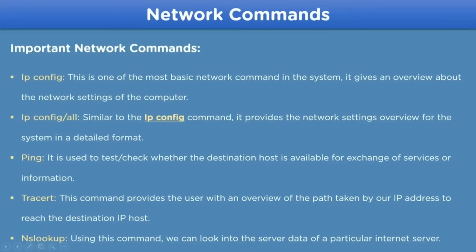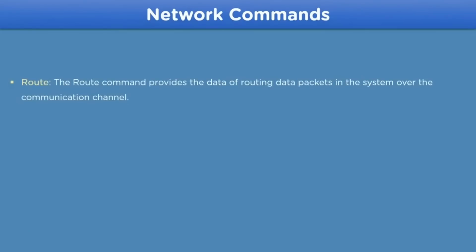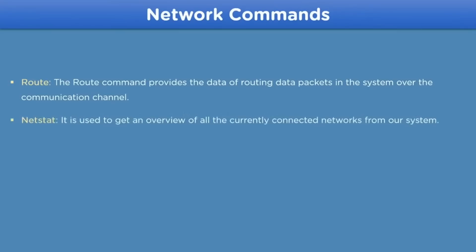Now let's look into some more network commands. Here we have route. The route command provides the data of routing data packets in the system over the communication channel. Netstat is used to get an overview of all the currently connected networks from a system. Then we have ARP.